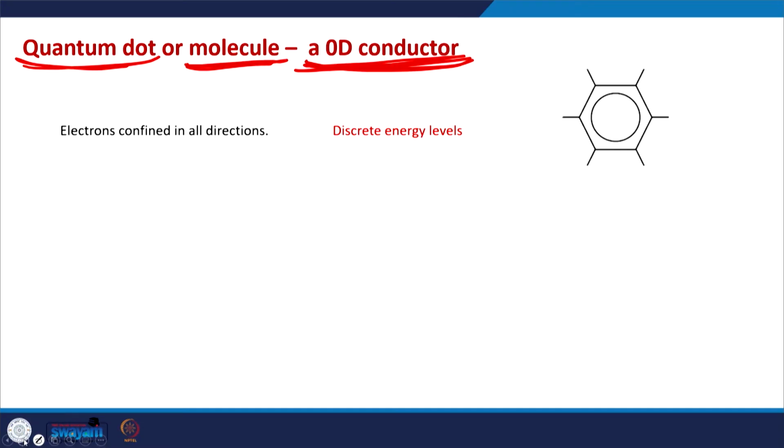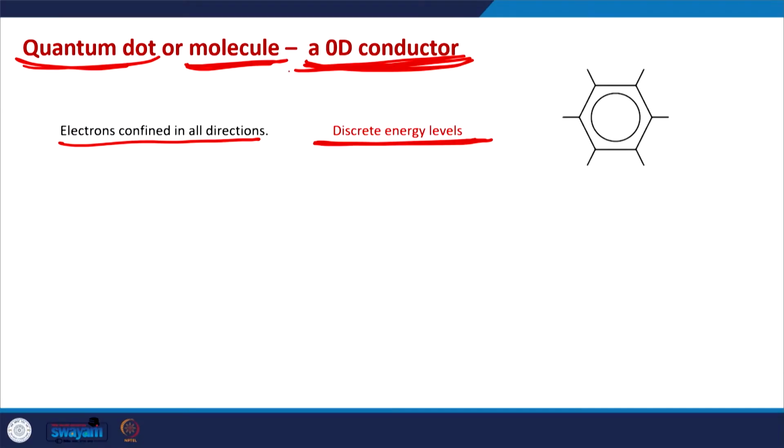So a quantum dot is also known as an artificial atom. It's like an atom because the atom is also very small, and electrons are confined in all the directions. Because of the confinement of electrons, we always need to deal with discrete energy levels in these systems. So far we have mostly dealt with 2D channel, 1D channel or 3D channel, bulk materials as well.